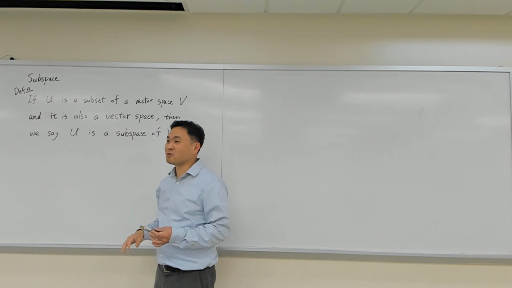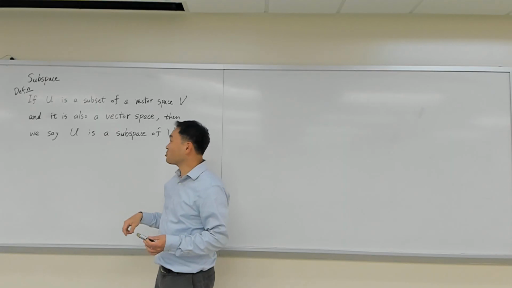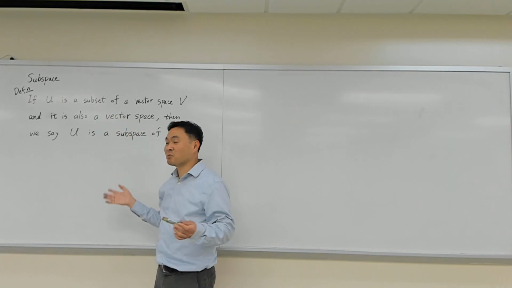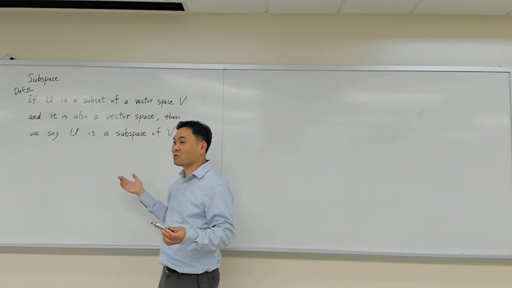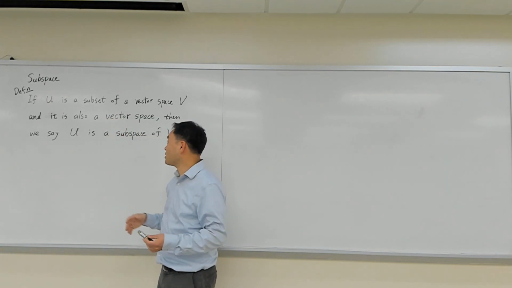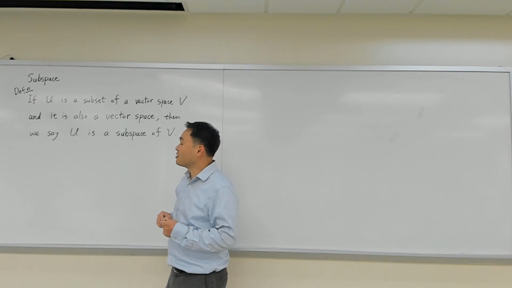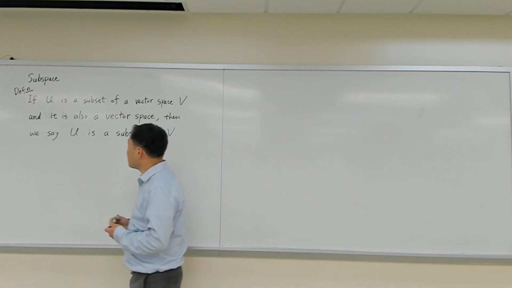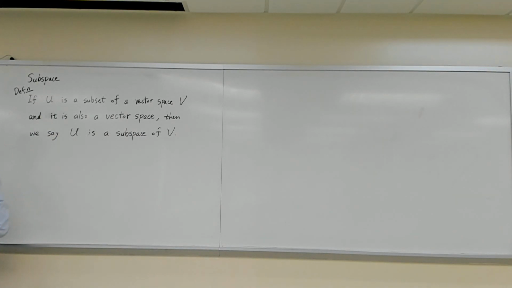Because you can also make a strange case where you just have a subset but define a new kind of multiplication and addition and make it a separate vector space. That would be strange. You could do that, but that's not allowed.